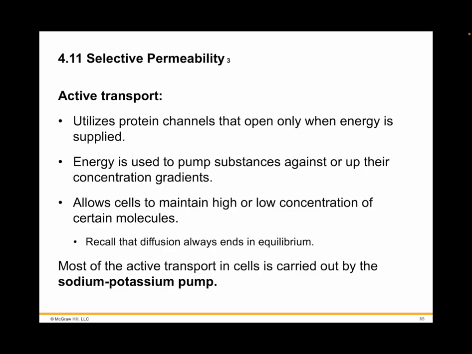More than one third of all energy expended by your body's cells is spent driving sodium-potassium pump carrier proteins. This energy is derived from adenosine triphosphate, or ATP, a molecule we will learn more about in our next chapter, chapter 5.